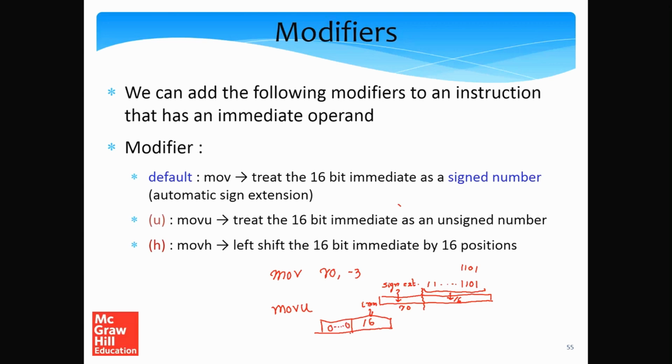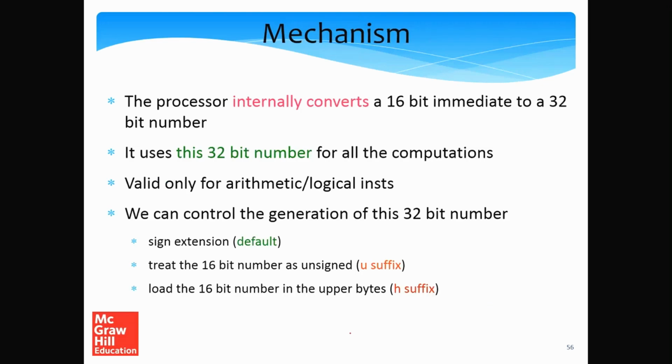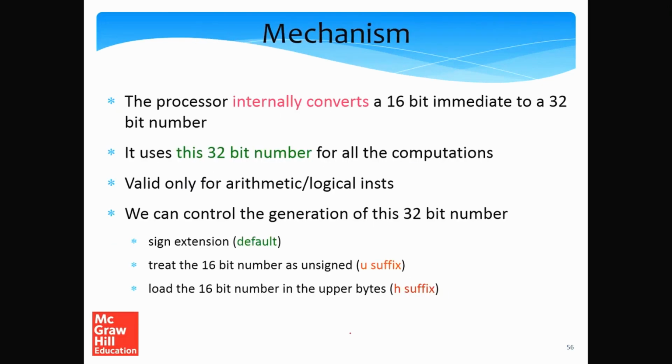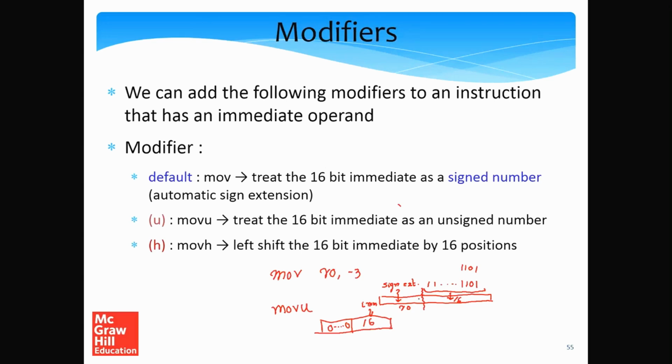And in move H, what is done? So actually I have one diagram over here, but let me nevertheless explain it. In move H, what is typically done is that, again, if we consider a 32-bit register with two 16-bit parts, the immediate actually gets loaded to the upper 16 bits, the most significant 16 bits, and the lower 16 bits are set to all zeros.